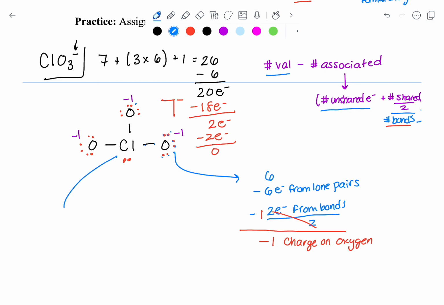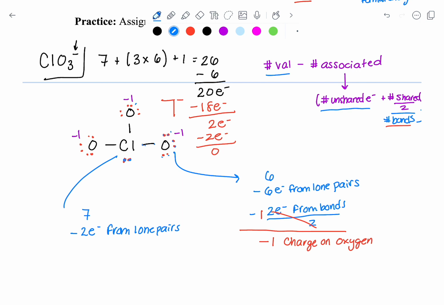Chlorine has 7 valence electrons. Okay, we know that from the periodic table. And now we're going to subtract off our associated electrons. Well, it has 2 electrons that are in lone pairs, so we're going to subtract off 2 electrons to account for our lone pairs. And now we're going to subtract off our shared electrons.